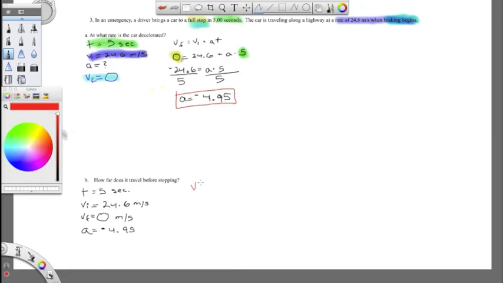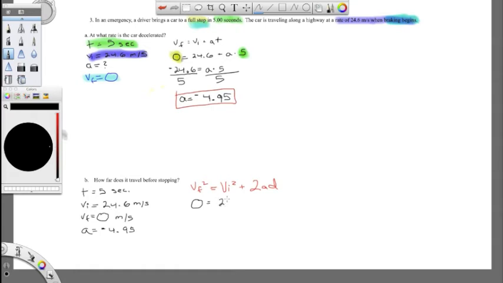Now, the equation that we decided to use, since we have all 4 and we just want to solve for the distance, is the final velocity squared is equal to the initial velocity squared plus 2 times the acceleration times the distance. So 0, our final velocity, is equal to the initial velocity, 24.6, squared, and we don't want to forget to square both sides.